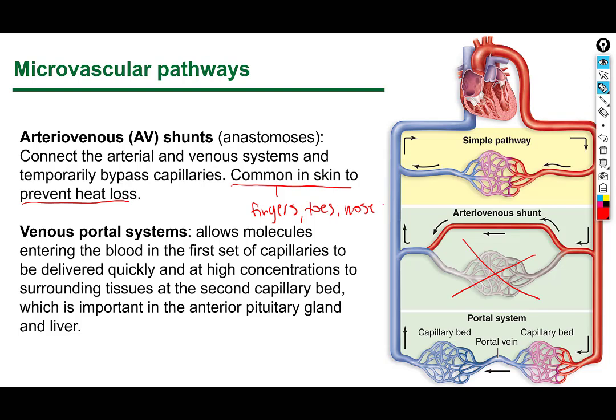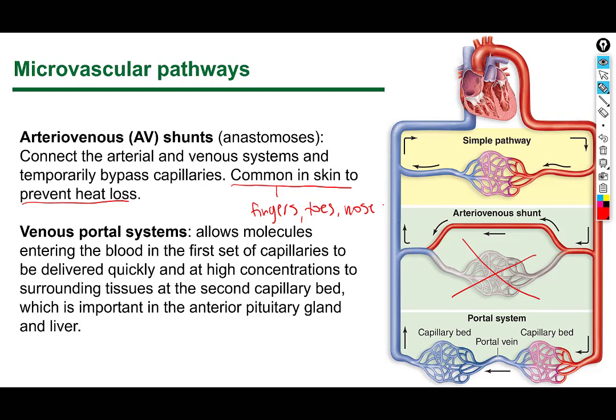If you've ever gone outside without gloves, and you go inside to buy a coffee and you have to sign your receipt, and you find that you have these frozen claw hands and you can't move your fingers very well, that's because the muscles of your fingers have been denied some oxygen and nutrients, because there's one of these shunts at the base of each of your fingers that shuts when it's really, really cold out.